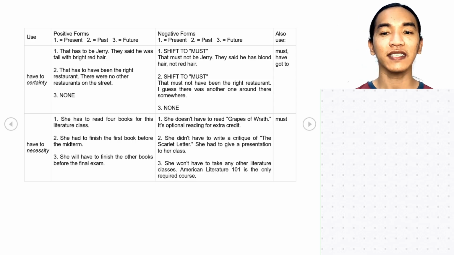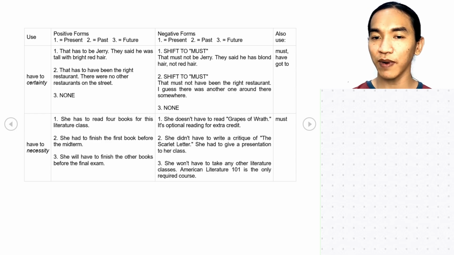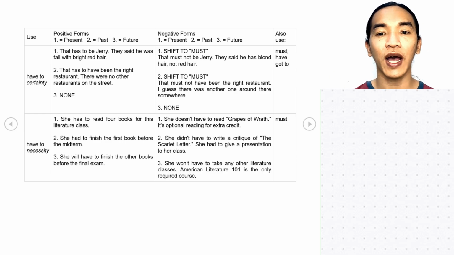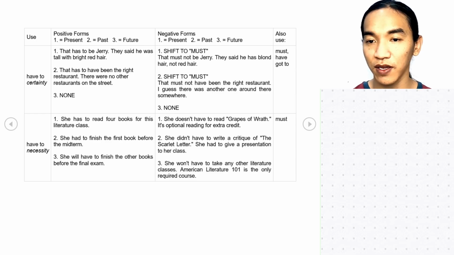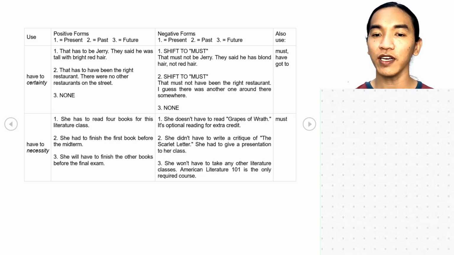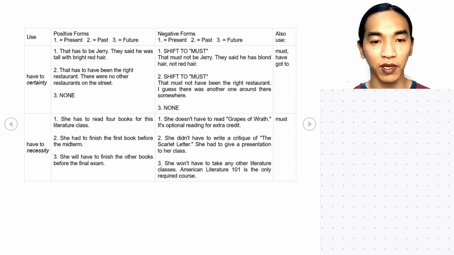Okay, that must not have been the right restaurant. So I'm sure it's not that. Okay, so I guess there was another around there somewhere. Okay, and for the future, it is actually none. So as you can see here, we use must, okay, and have got to, okay, as replacement.